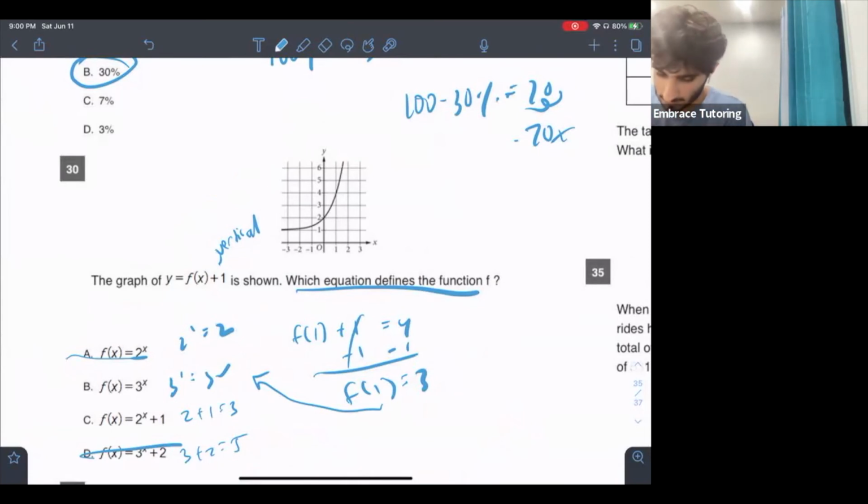Okay, so let me look at this again, 0 and 2. Oh, okay.